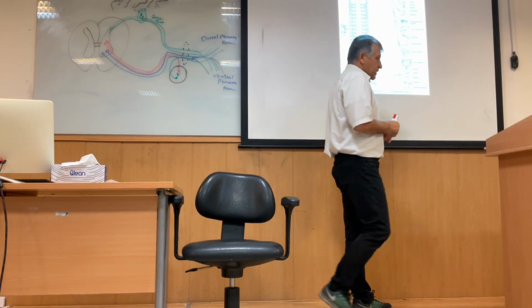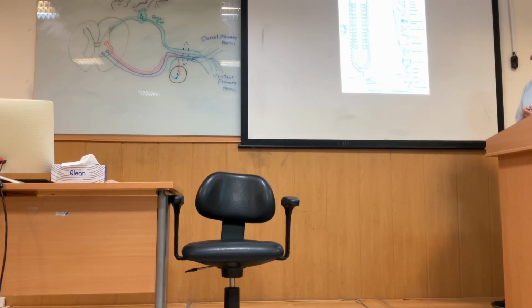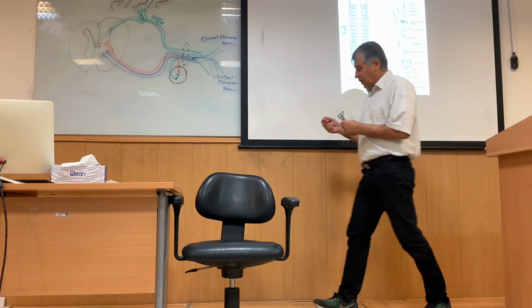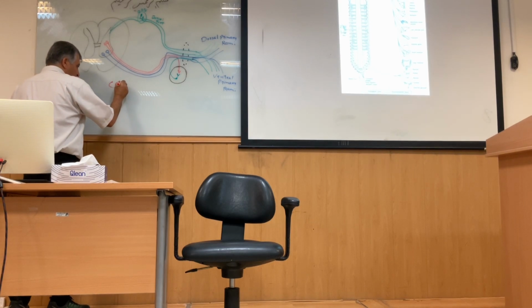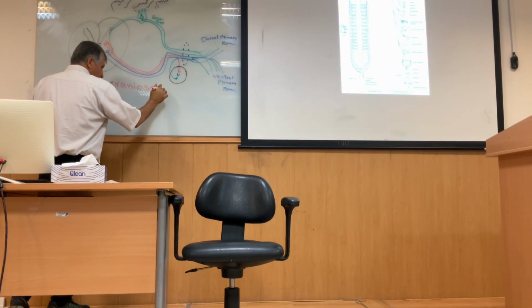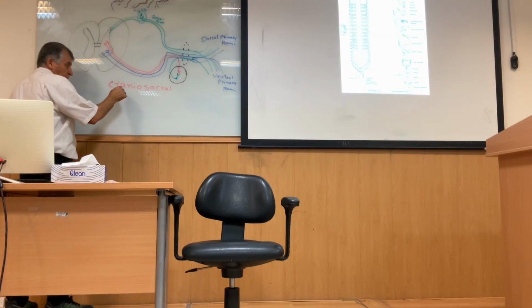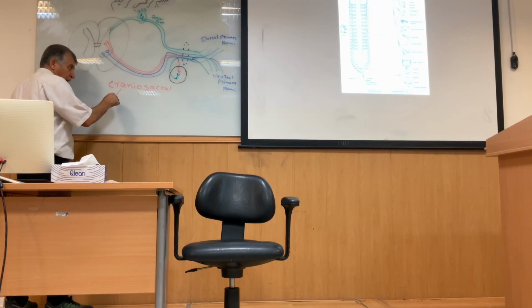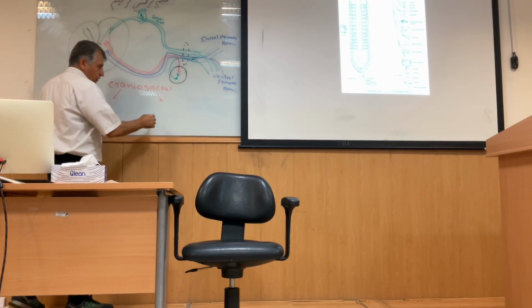In this figure, you can see the parasympathetic system. The parasympathetic system is called craniosacral, because parasympathetic fibers are located in some cranial nerves and some sacral nerves. Which sacral nerves?